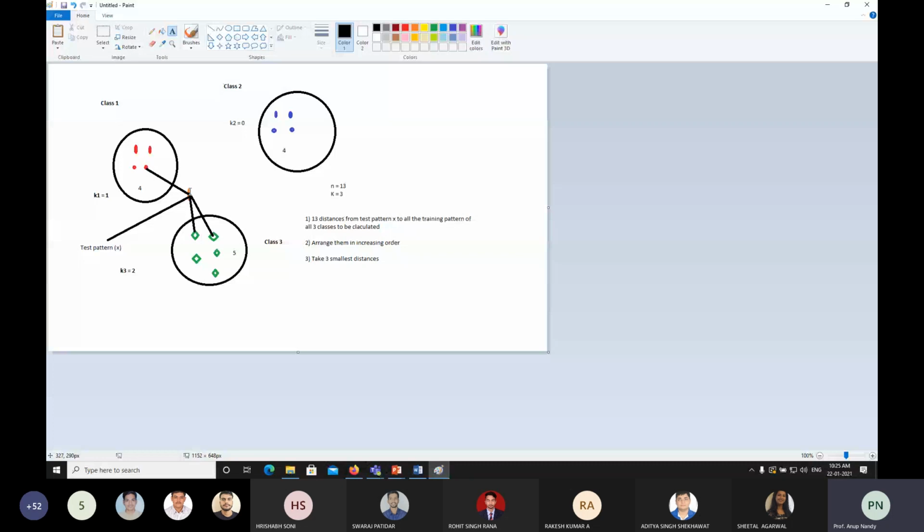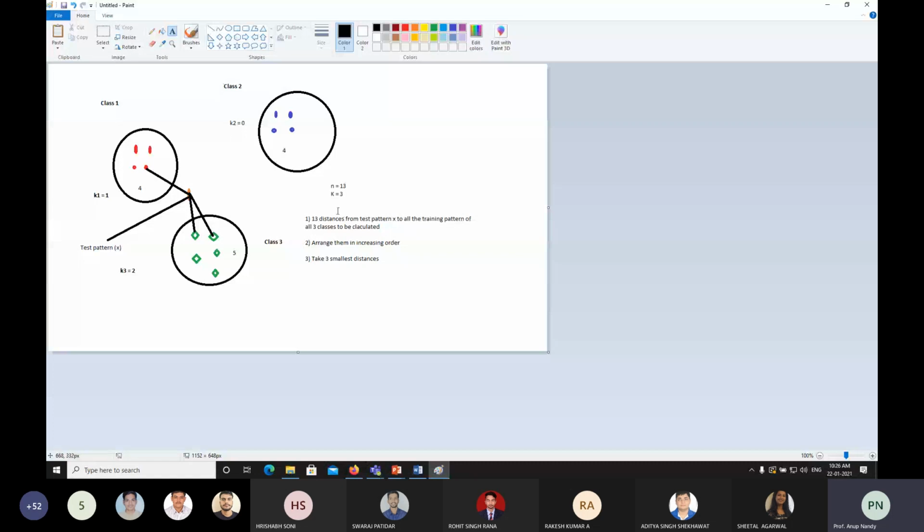Now from class 2 I have found two class representatives which are closest to this test pattern. So I have written k1 is equal to 1, meaning only one class representative from class 1, two from class 2, but 0 class representatives from class 3.